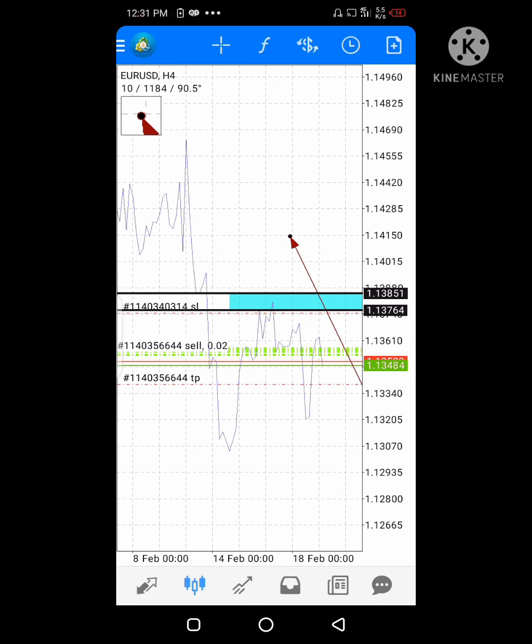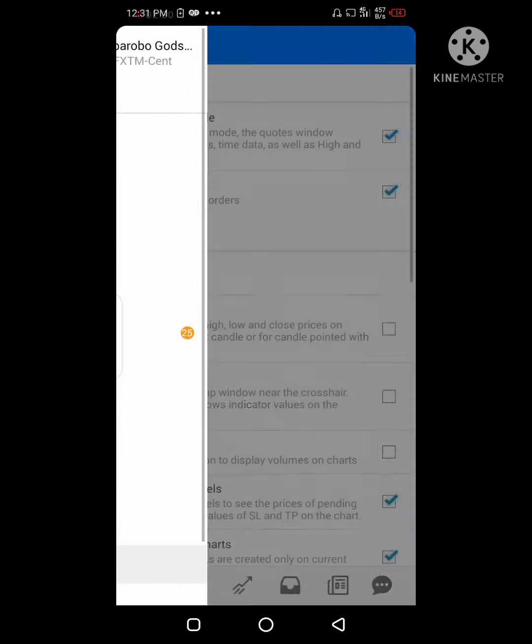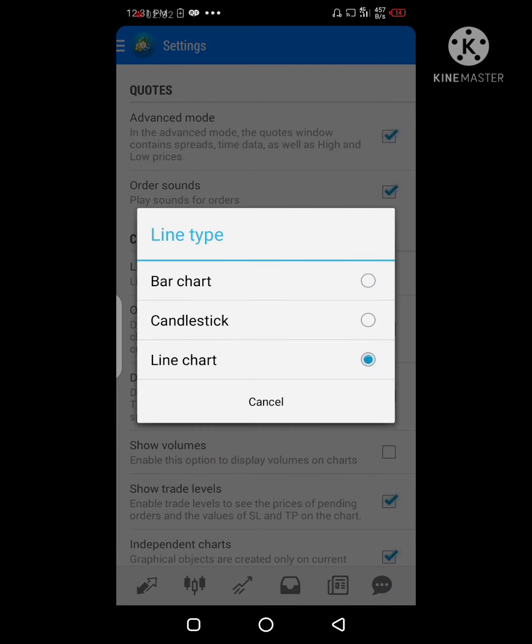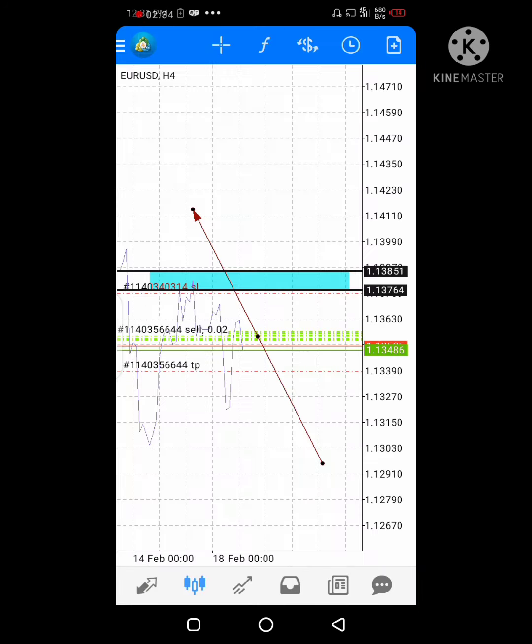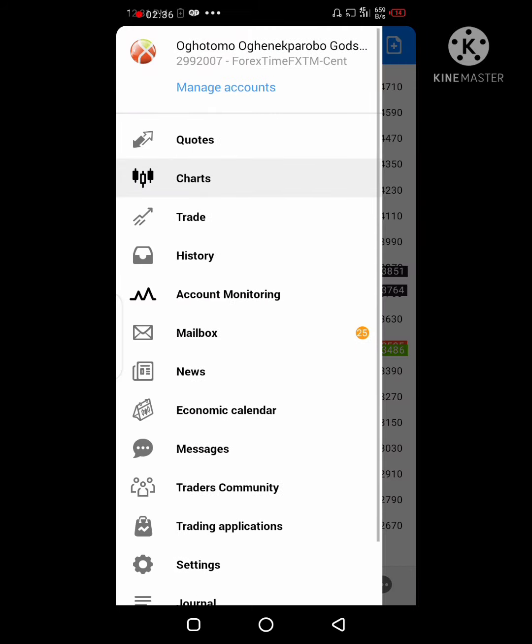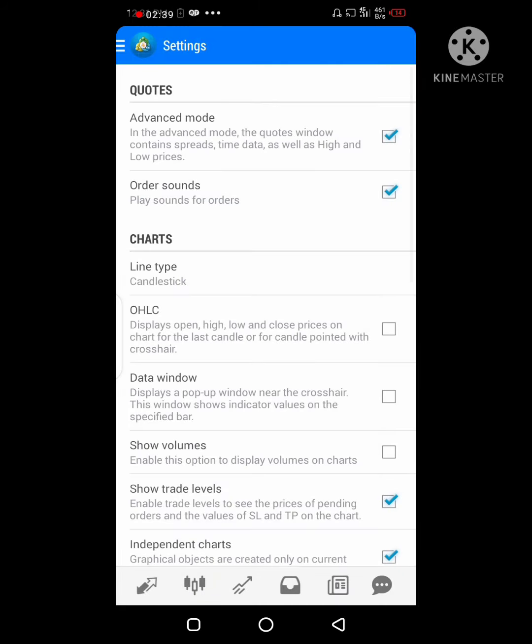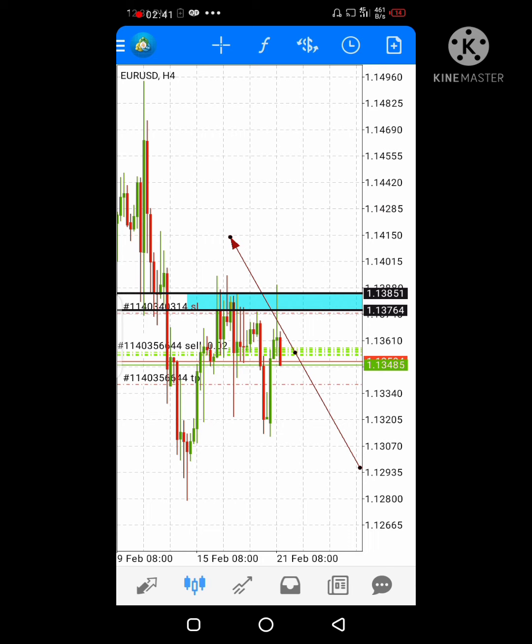So I'm going to change to candlestick so you see what I meant. Going to change to candlestick. Alright, so you can see that price really touched it during this section. At this second point, it still respected it.